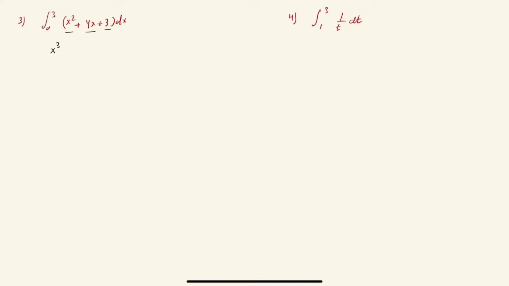That's x cubed over 3, plus 4 multiplied by the antiderivative of x, which is x squared over 2, plus 3. Since this is a constant, it's multiplied by x, and all of it is evaluated at the limits of the integral. I'm going to simplify the middle term: 4 over 2 is equal to 2.